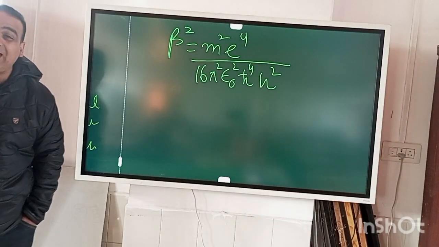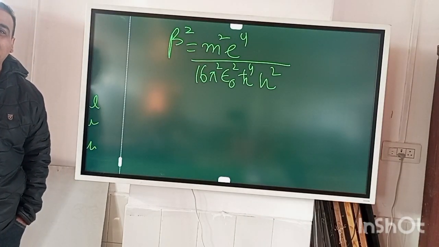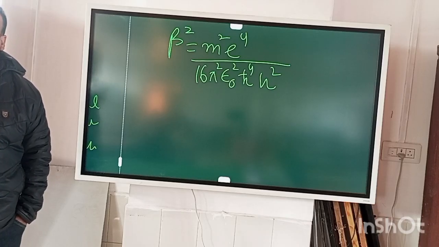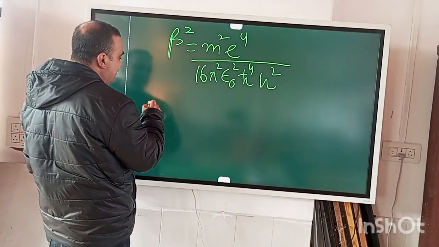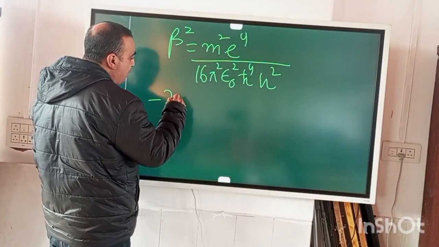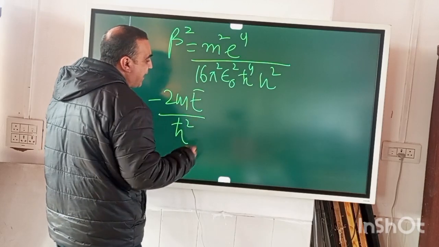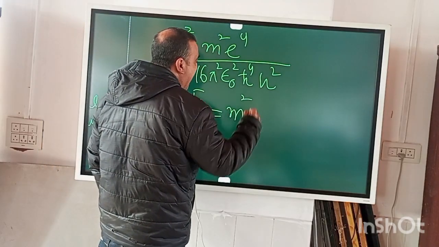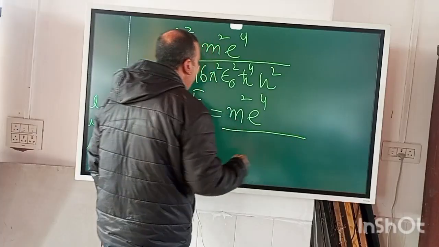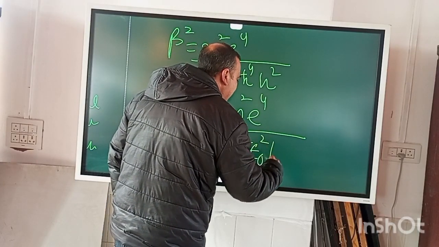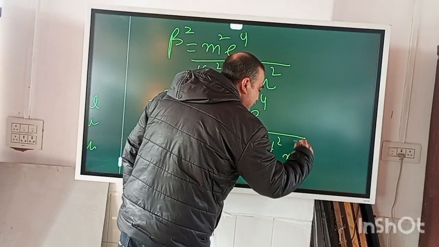But what was beta squared chosen to be? See the choice that we had there: minus 2me by h bar squared. Let me use that. So minus 2me by h bar squared is equal to m squared e to the power of 4 divided by 16 pi squared epsilon naught squared h bar squared and n squared.